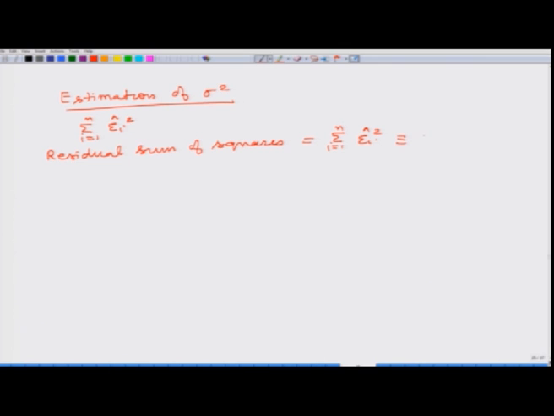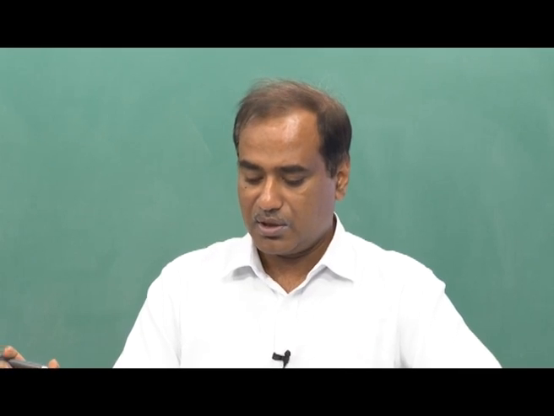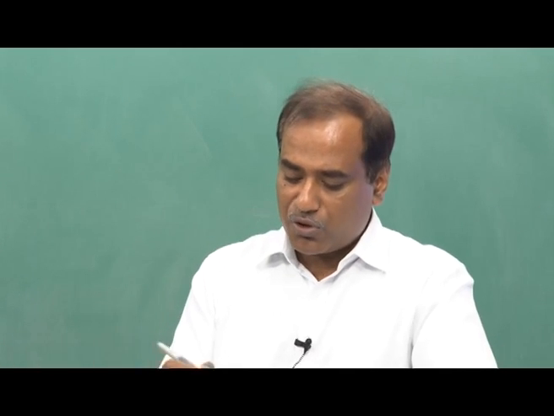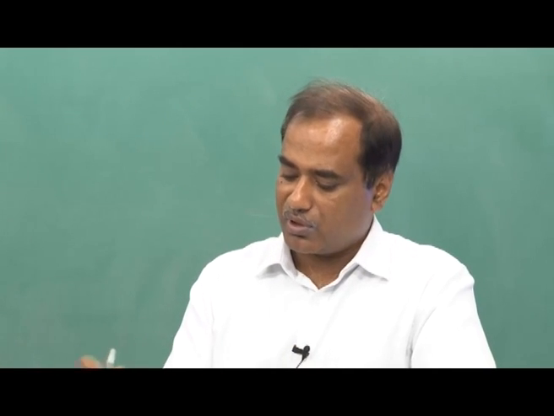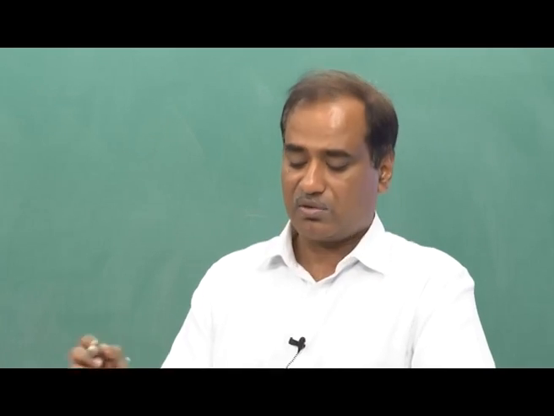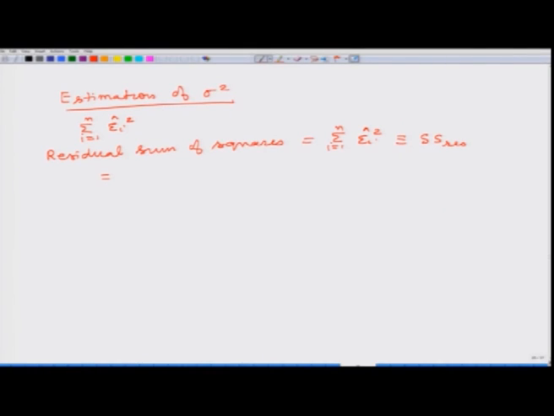Call it SS res. SS res means sum of squares due to residuals. RES is a short form of residual. But before going further, let us try to understand it. This quantity has some important role in regression analysis.